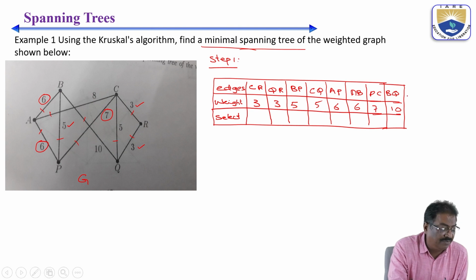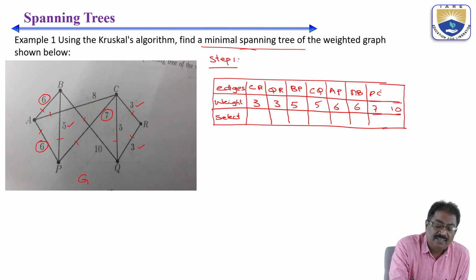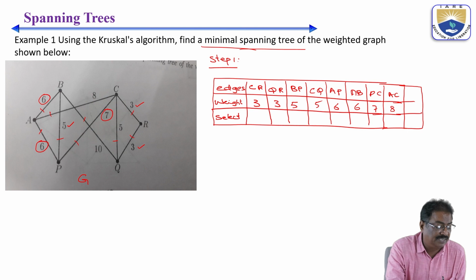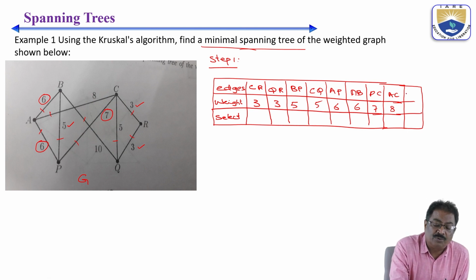And the 8th edge is AC, with weight 8. And the next edge has weight 10, which is BQ.